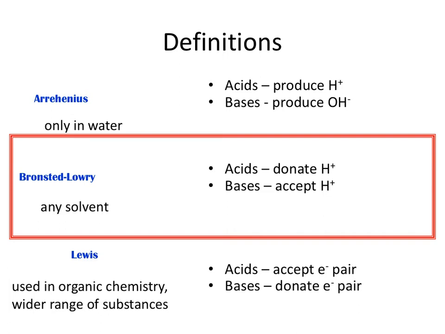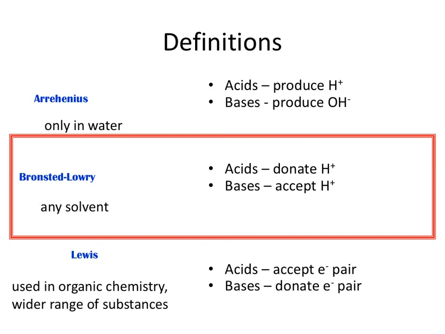Scientists found that wasn't quite a broad enough definition because there are some things that act like bases, like ammonia, that don't have hydroxide. And so the definition was broadened a little bit to this Bronsted-Lowry definition of acids and bases. As I said, this is a nice happy medium for us. It's not too specific, but it's specific enough to encompass chemicals that we'll talk about.